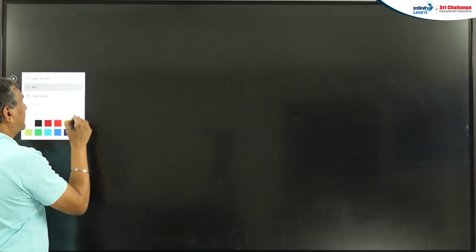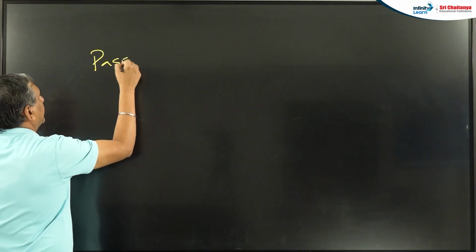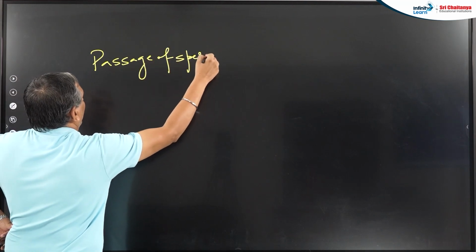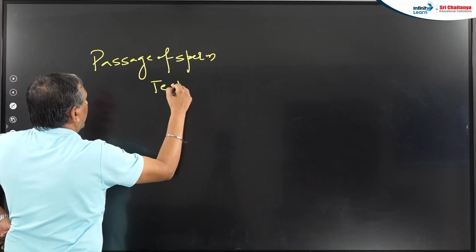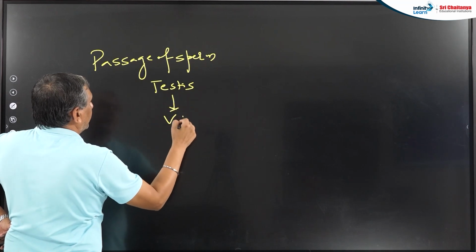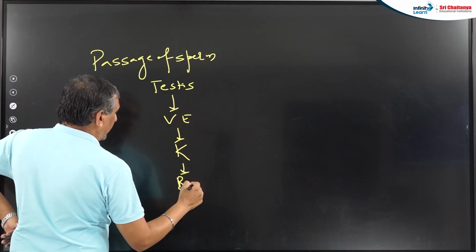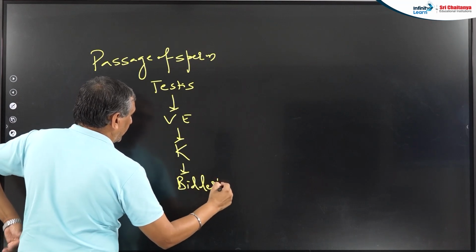That is why they ask: what is the passage of sperm in male frog? See, testis. From the testis, vasa efferentia enter into the kidney. In the kidney, there is one canal known as the Bidder's canal.